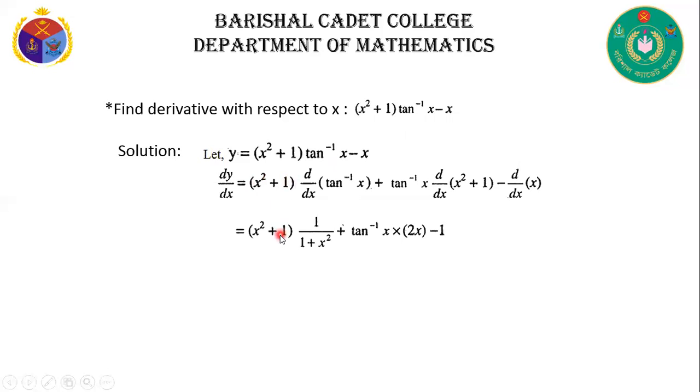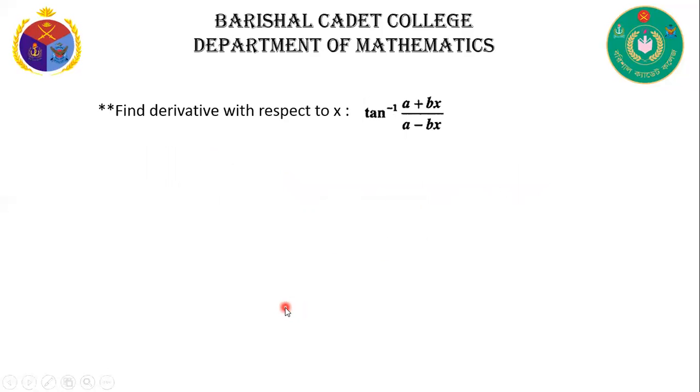That's why we can write (x square plus 1) into 1 by (1 plus x square) plus tan inverse x, and if we differentiate x square plus 1, it is 2x, minus 1. Now this term will cancel, then we can write 1 plus 2x tan inverse x minus 1. Here 1 cancel. That's why we can write 2x tan inverse x. This is our required answer. Now another question.